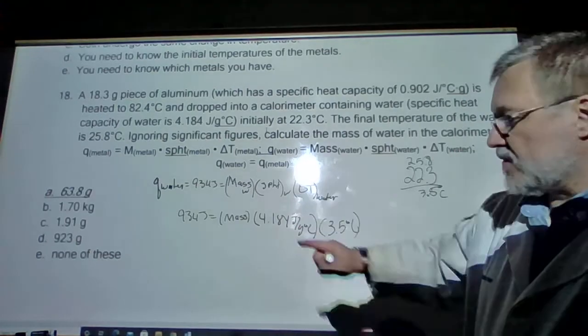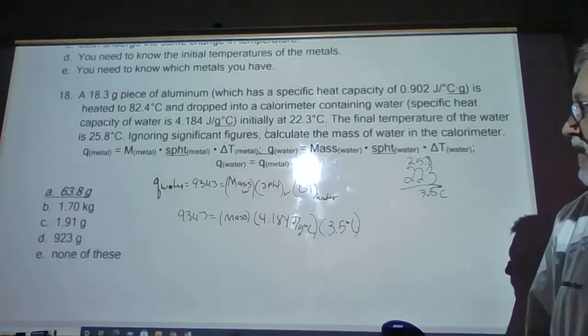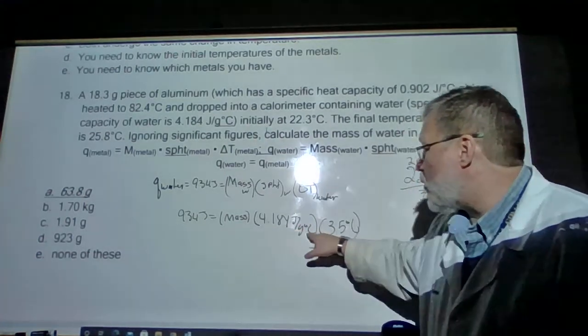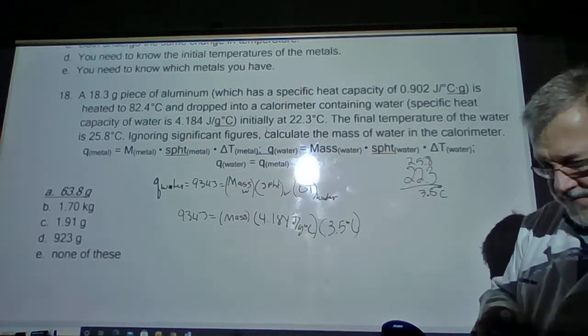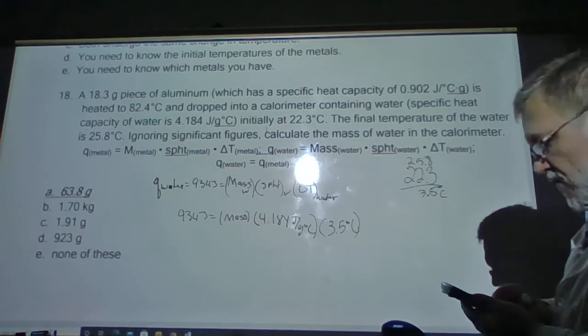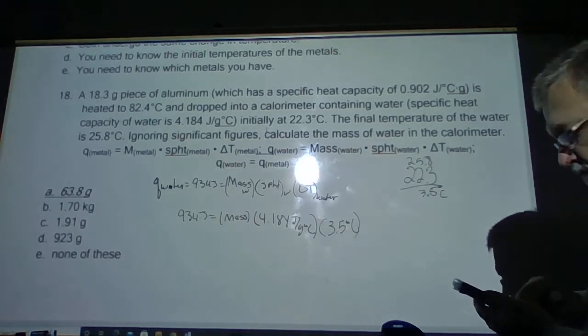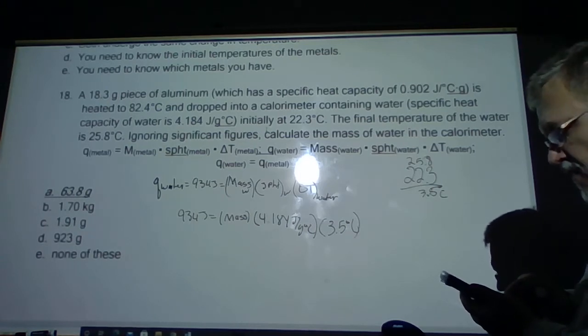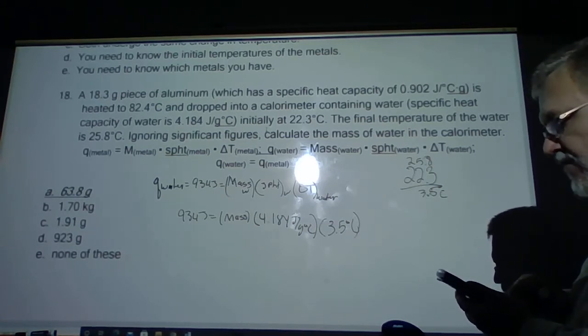It's asking us to solve for mass. So it is 934 divided by 4.184 times 3.5.